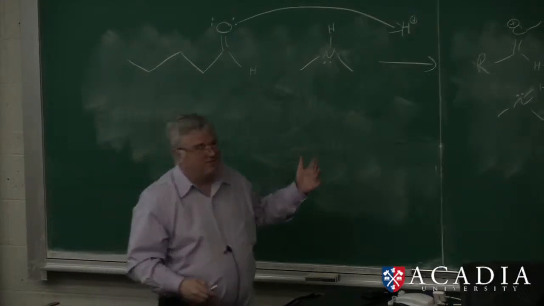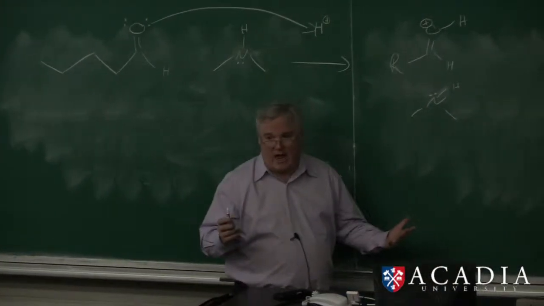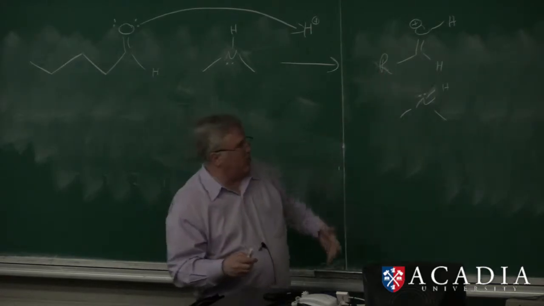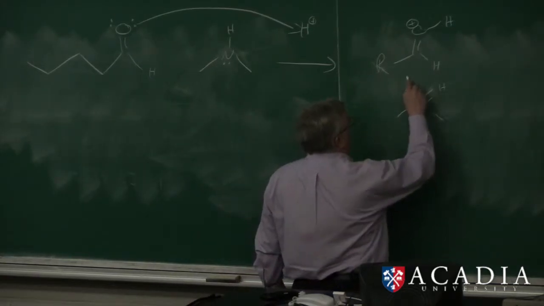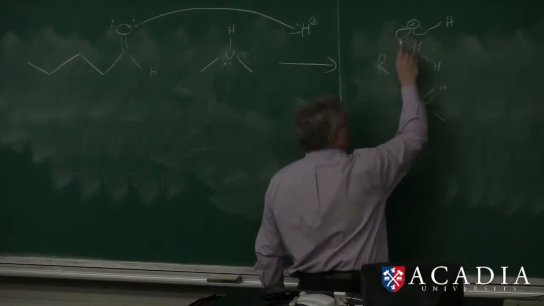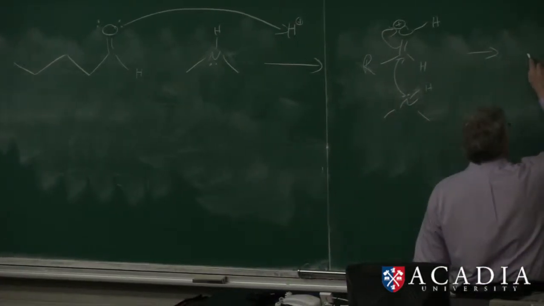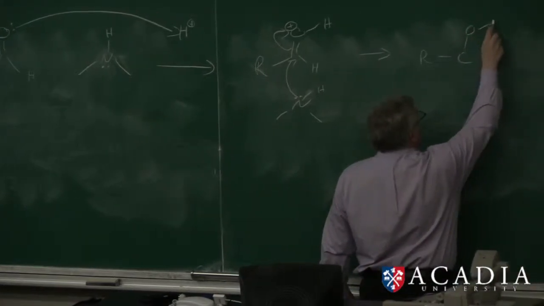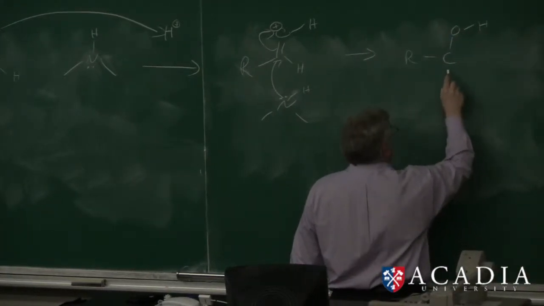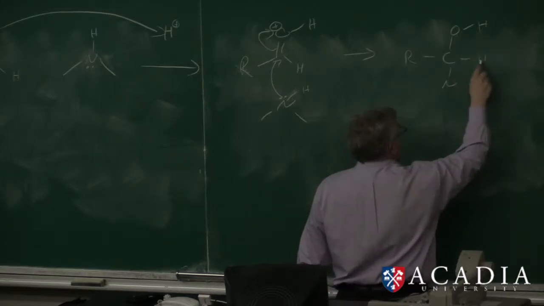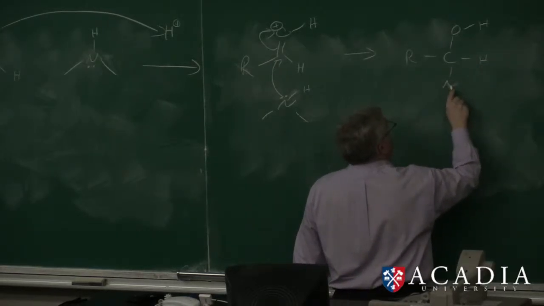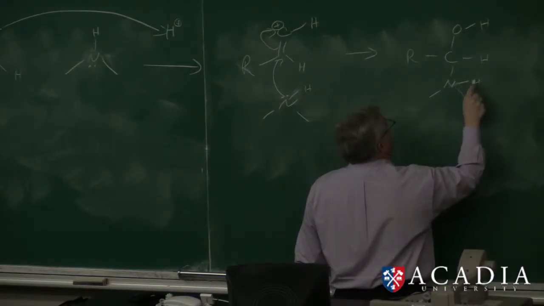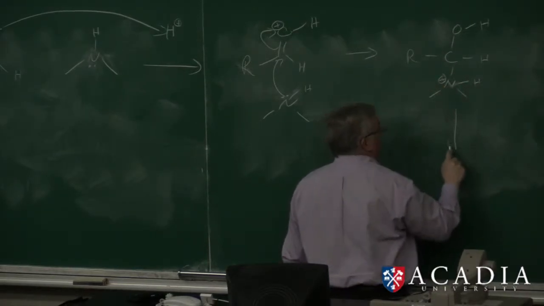That's it. Okay, so what do we do next? Now, we've activated our carbonyl compound. So now we just have to do a nucleophilic attack at the carbonyl compound. Okay.